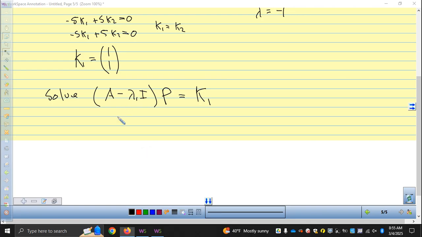So we get negative 5 p1 plus 5 p2 equals 1, and negative 5 p1 plus 5 p2 equals 1. Same equation. So what I did is I let p1 equal 0, so p2 is 1/5.